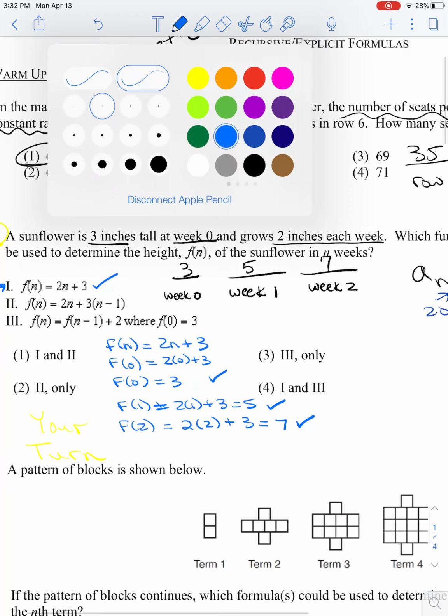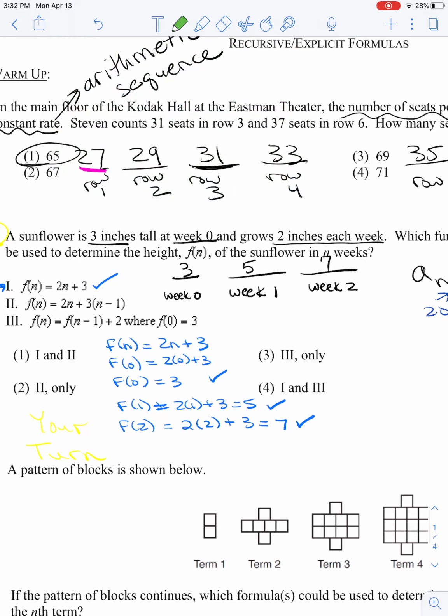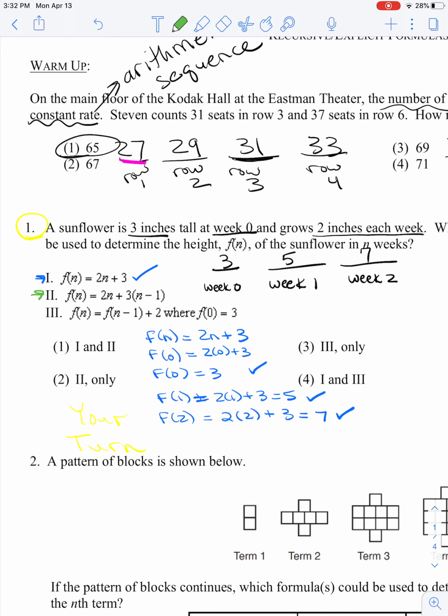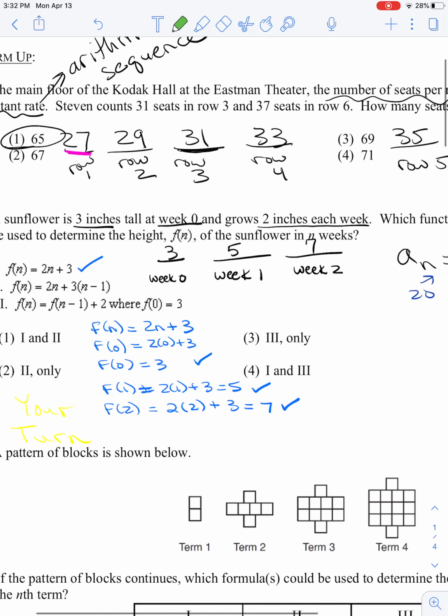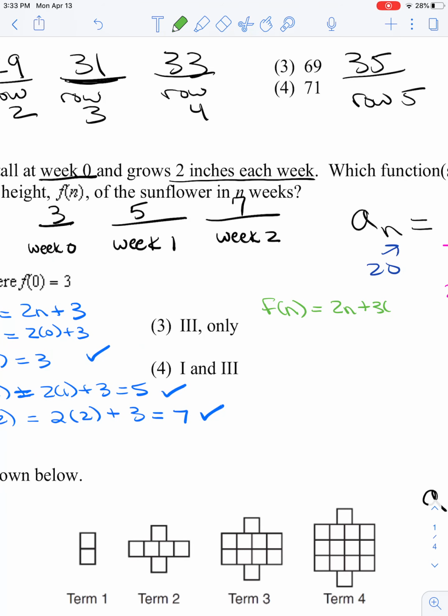Now I'm going to try choice 2. Change colors here. So now we're going to look at this equation and see if it works. So I have f of n equals 2n plus 3 times n minus 1. It's a little hard to see, sorry. Let me make it a little bigger. Okay, so now I'm going to try the same thing.